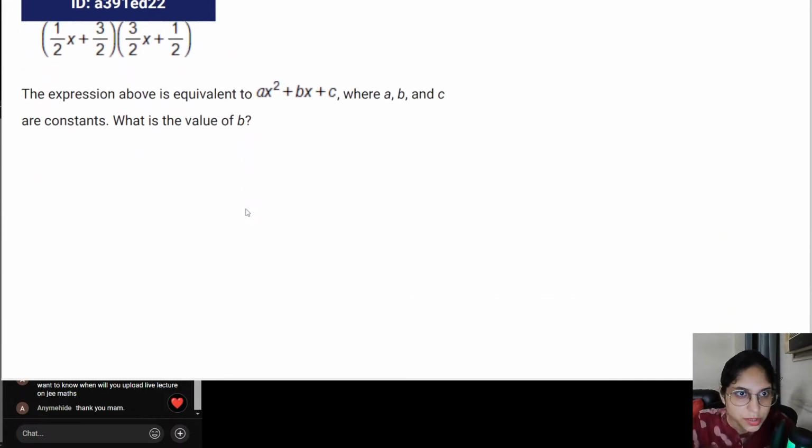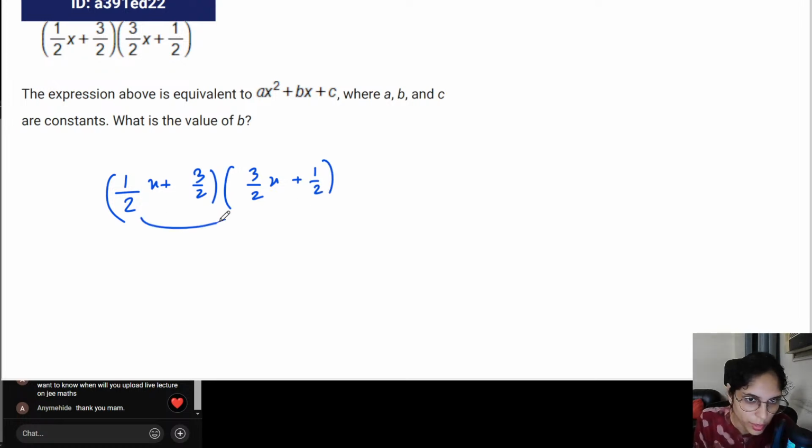Again, ax square. Yeah, for these questions, you cannot use Desmos, right? Because these are student-produced questions. We are applying FOIL. So half x, I'm directly going to multiply.